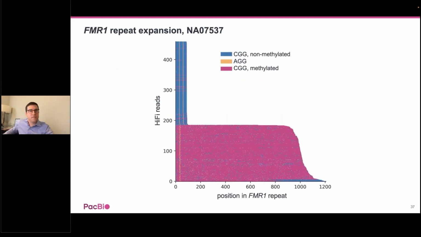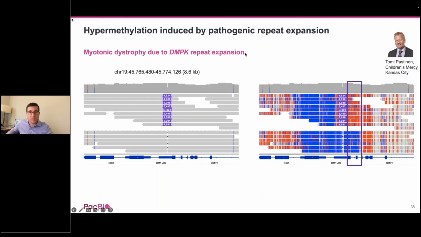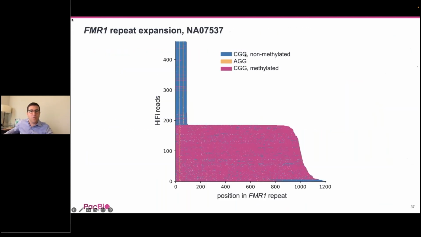Another interesting application of the HiFi sequencing is to look at repeat expansions. So repeat expansions are tandem repeats present in the genome that increase in copy number.